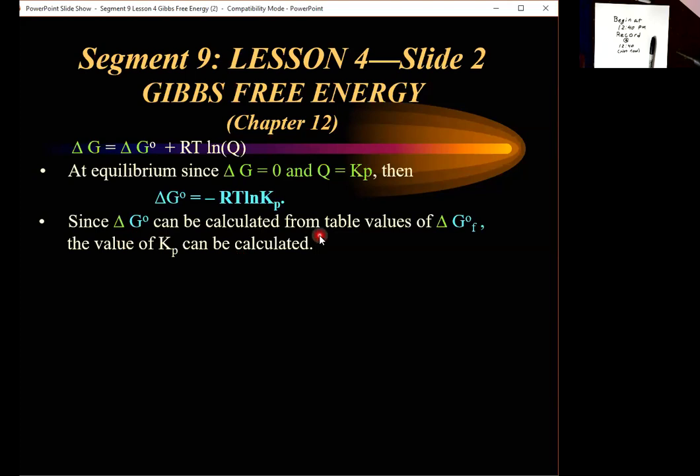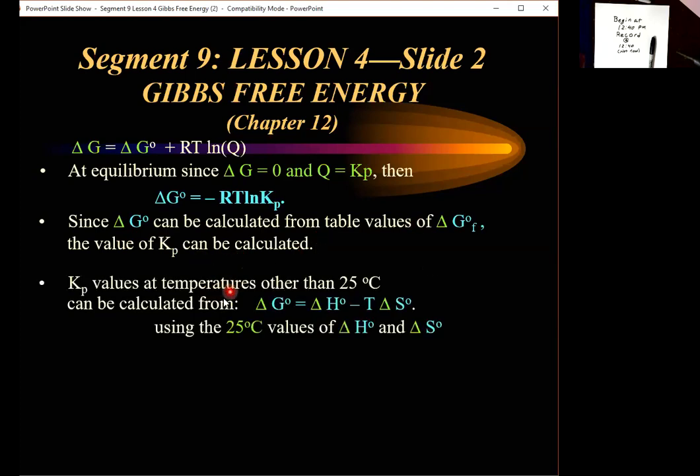Now, delta G superscript can be calculated from the tables, and we get the value of Kp without doing the experiment. Now, for the Kp values at temperatures other than 25 degrees, you can use the Gibbs-Helmholtz equation. Delta G is delta H minus T delta S. Now, when you change temperatures, the delta H of the reactants and the delta S of the reactants would be lower than they would at a higher temperature.